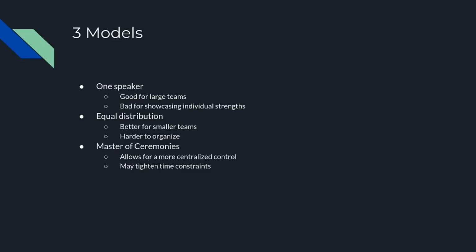This allows for more organization while not sacrificing the showcasing of the strengths of each person. This may tighten time constraints if it's a really short time limit, but the benefits outweigh it in certain cases. So each of these models has its strengths and weaknesses, and they must be evaluated before doing the presentation.